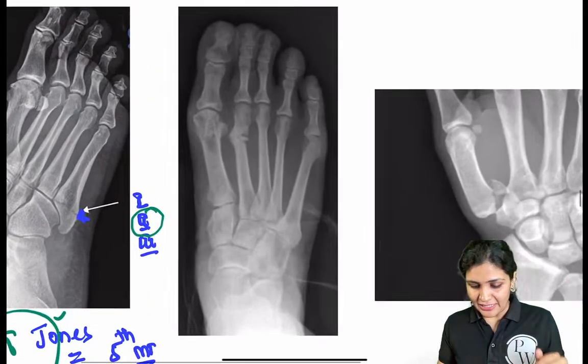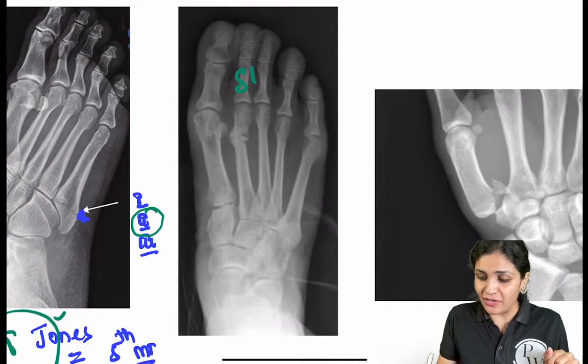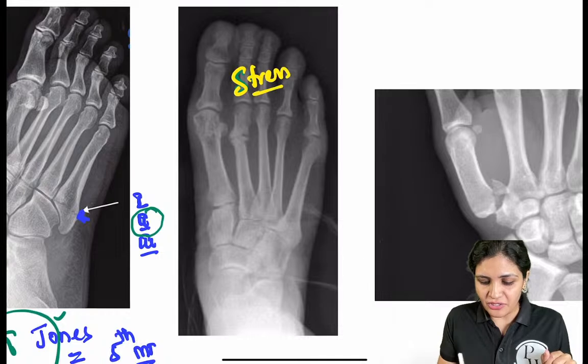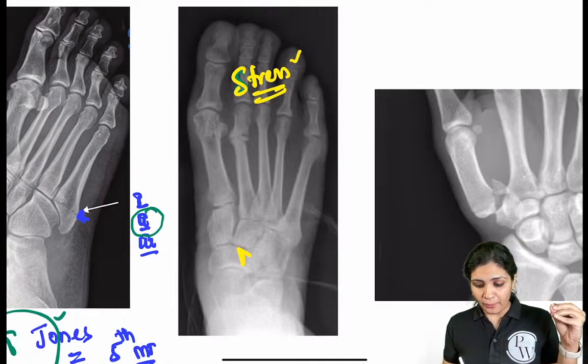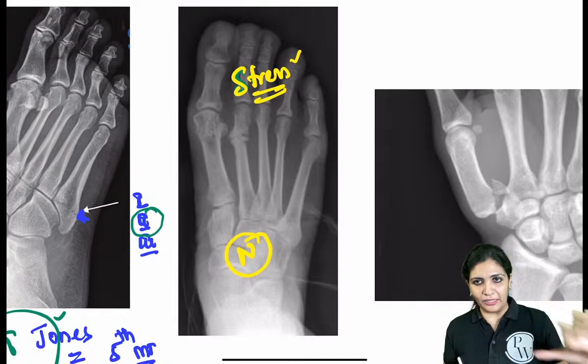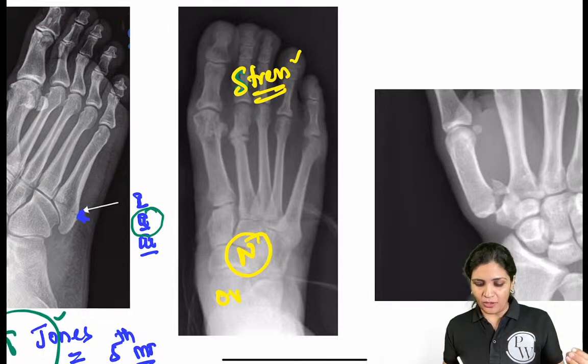And then coming to the stress fracture, or the March fracture. The stress fracture is in a normal bone, there is no pathology in it, but what has happened is overuse.